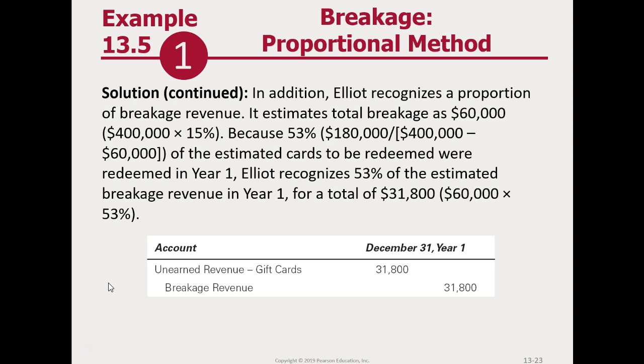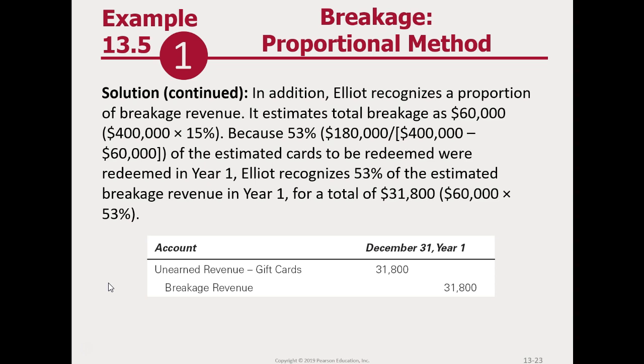So what percent was redeemed? The redemption part was $180,000. The denominator, though, is $400,000 minus the 60. We never expected the full 400. So $400,000 minus 60 is 340. So the total amount that was redeemed was 53% of what we expected. 180 divided by 340.